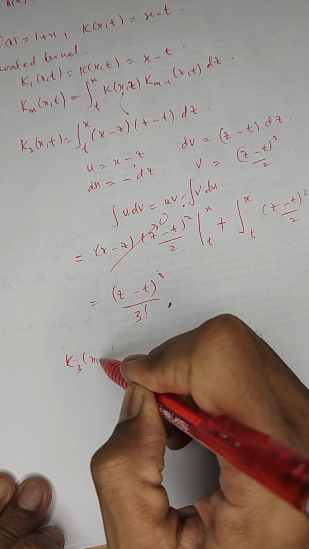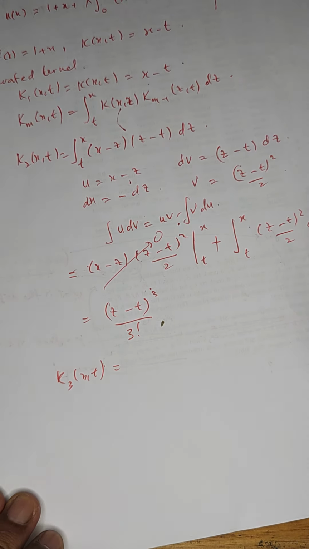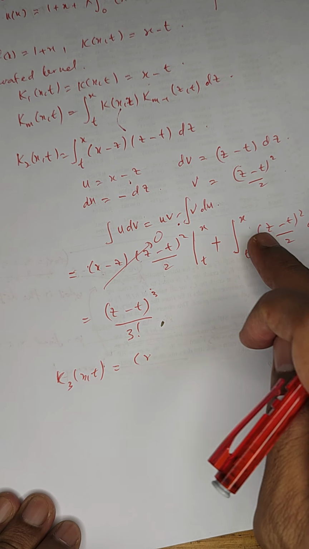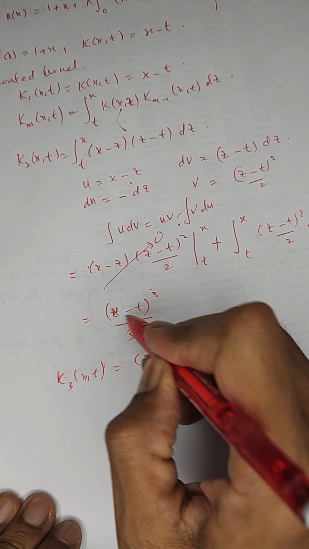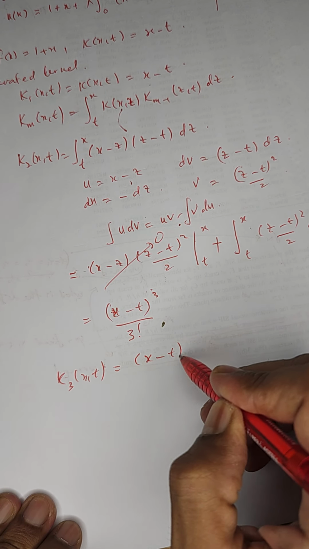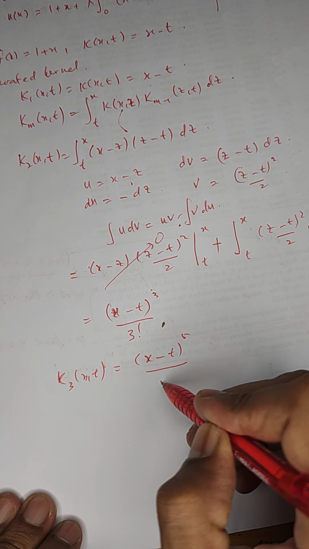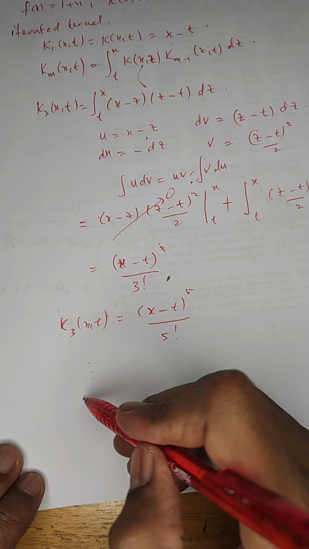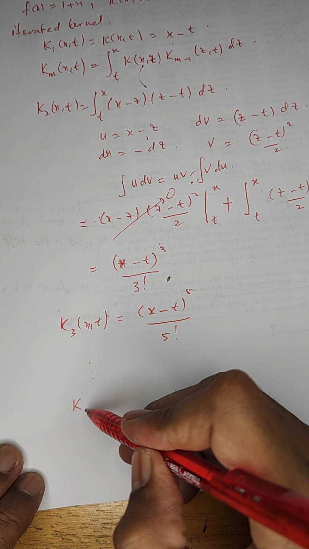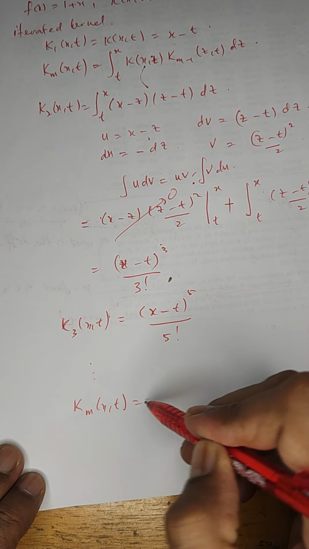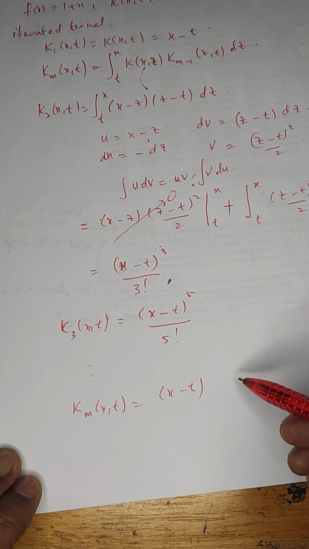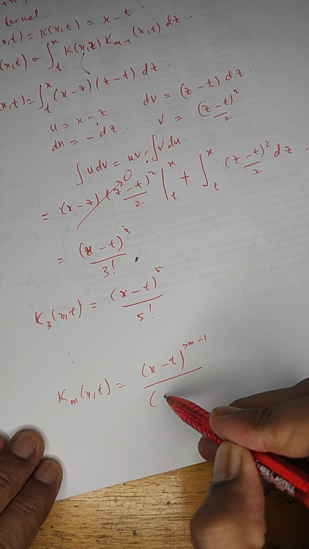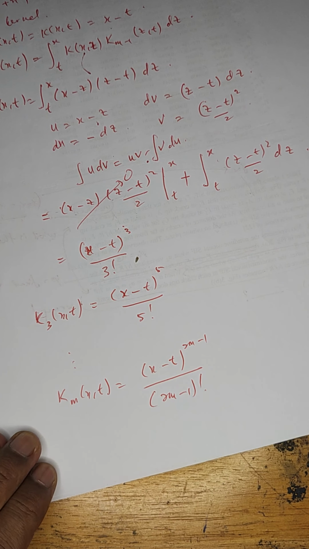So K_3(x,t) is (x - t) to the 5 over 5 factorial, and so on, until you can find for the m-th, K_m(x,t), which is (x - t) to the 2m - 1 over (2m - 1) factorial.